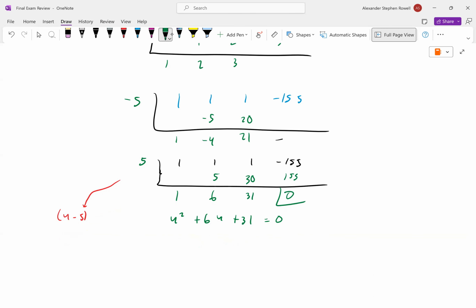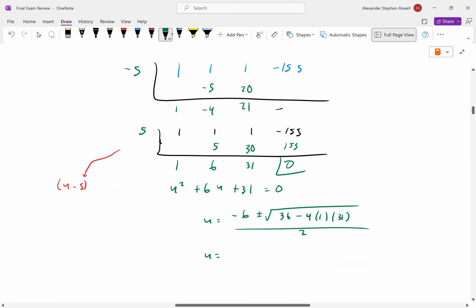Yes, quadratic formula. U is equal to -b plus or minus square root of b squared minus 4 times a times c. So u is equal to -6 plus or minus. Does someone have a calculator? 36 minus, it's -38.